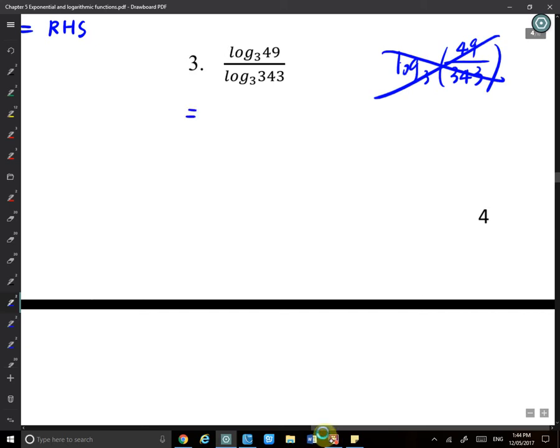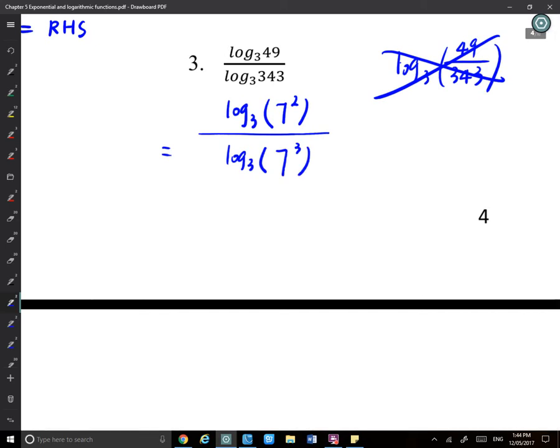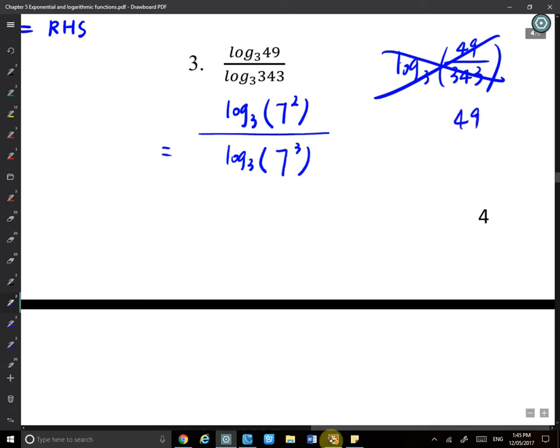So what we should do is, that is log 3 of 7 to the power of 2. That's 49. And log 3 of 7 to the power of 3. 49 times another 7 is 343.